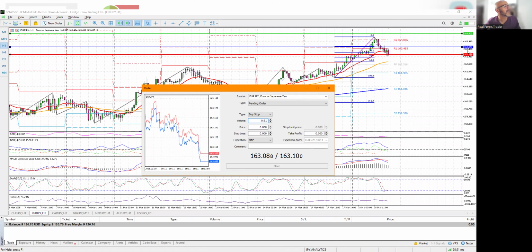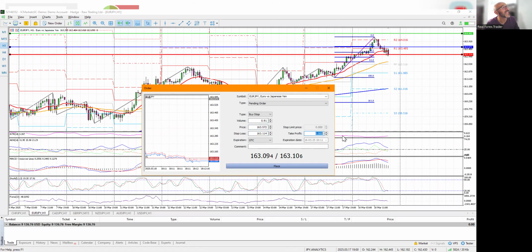My entry price is 163.572. What is my stop loss? It's 163.114. And my take profit is 164.402.